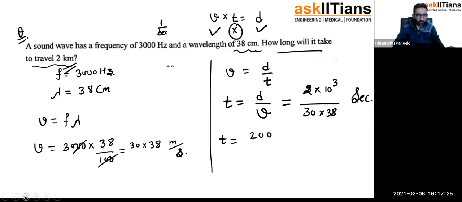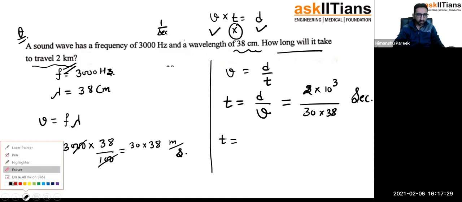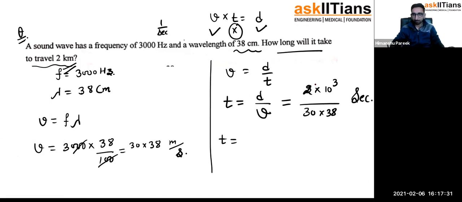And also we can say this 2 also will get cancelled out. We can cancel out this 2 with the 38, 19 times. And this 10 will get cancelled out here. So 10 to power 2 only will be remaining. So 100 divided by 19 times 3, which is 57.